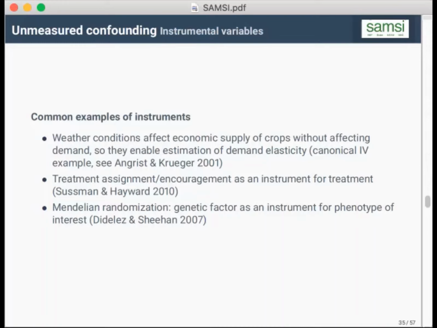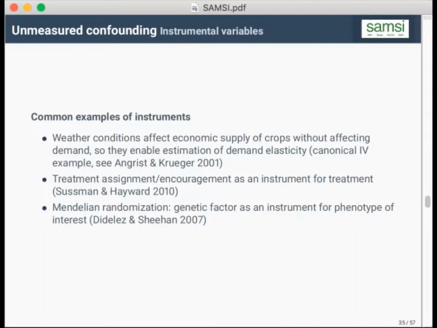Another example that we'll talk a bit more about on the next slide is in cases where there's treatment non-compliance, treatment assignment is an instrument for treatment received. So if a doctor tells you to take a particular medication and some people follow those instructions and others don't, then the treatment assignment might be unconfounded, but treatment received or actual compliance with that assignment could be confounded.